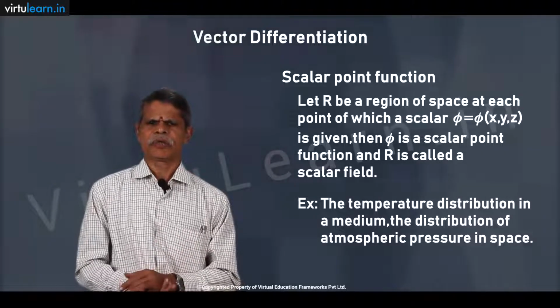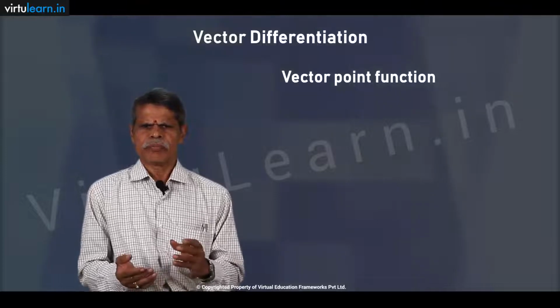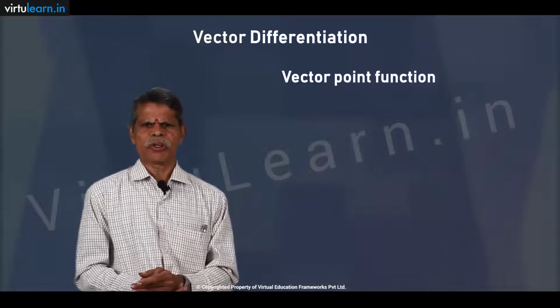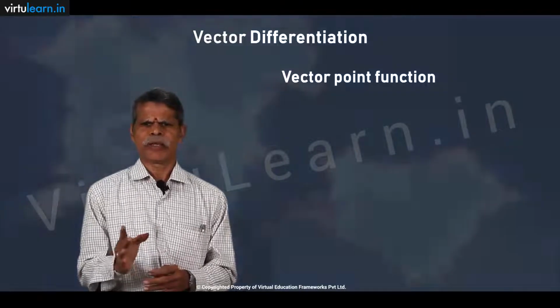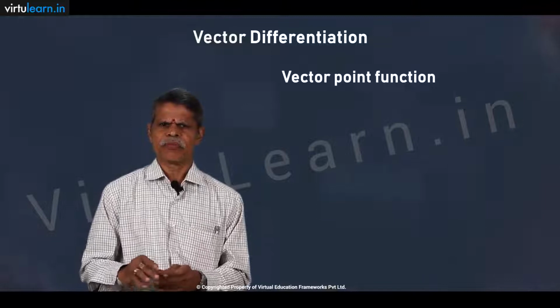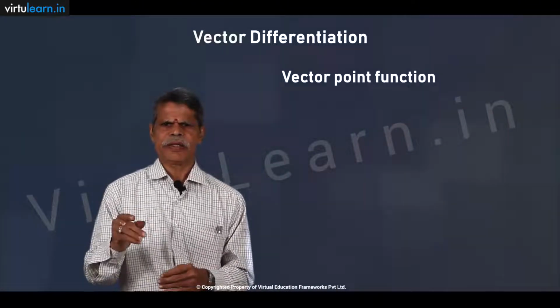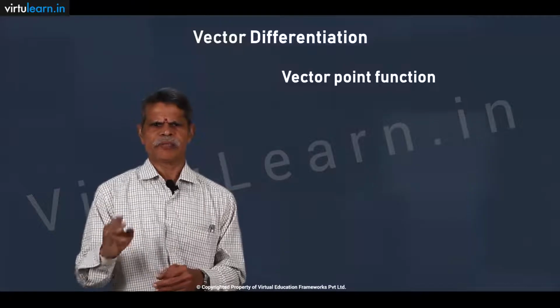Another important quantity is the vector point function. To understand what is meant by a vector point function, let us think of a particle moving in space. When a particle is moving in space, the path of the particle will definitely be a curve in space.